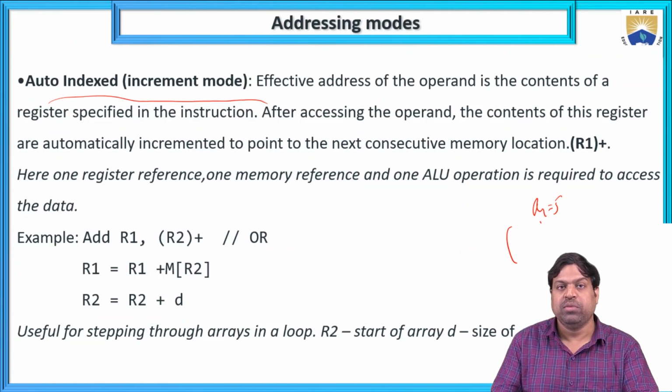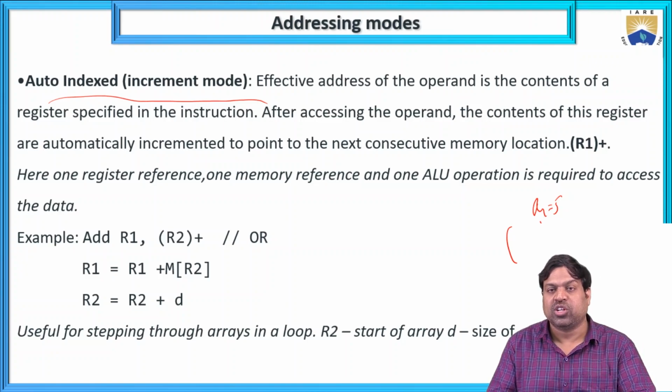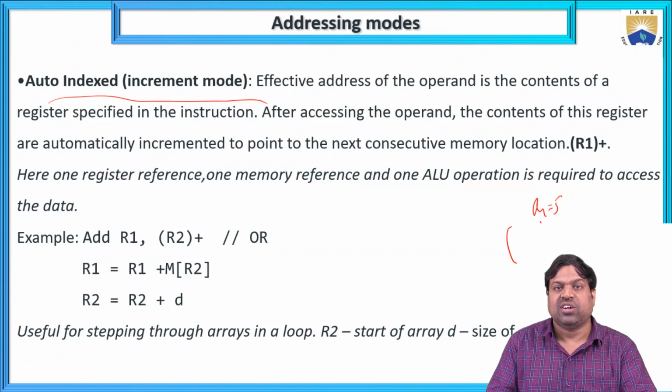How do we increment? I am using an ALU operation, the arithmetic logic unit, to increment the value of the R1 register. The effective address of the operand is the content of a register specified in the instruction. After accessing the operand, the content of the register is automatically incremented to point to the next consecutive memory location.